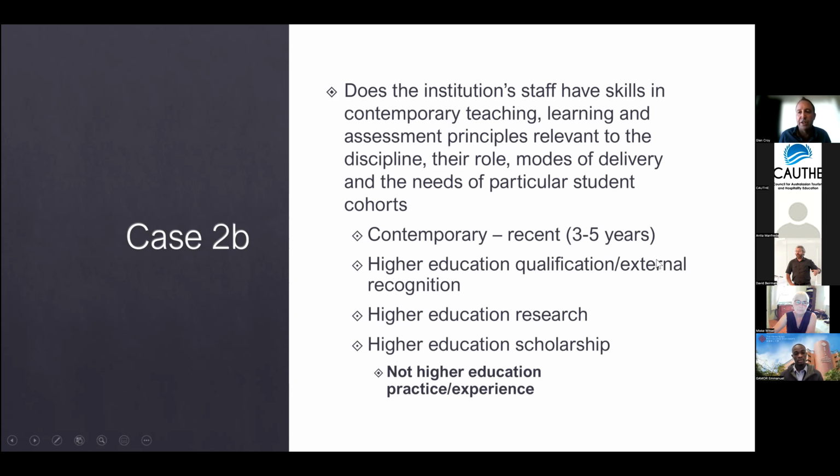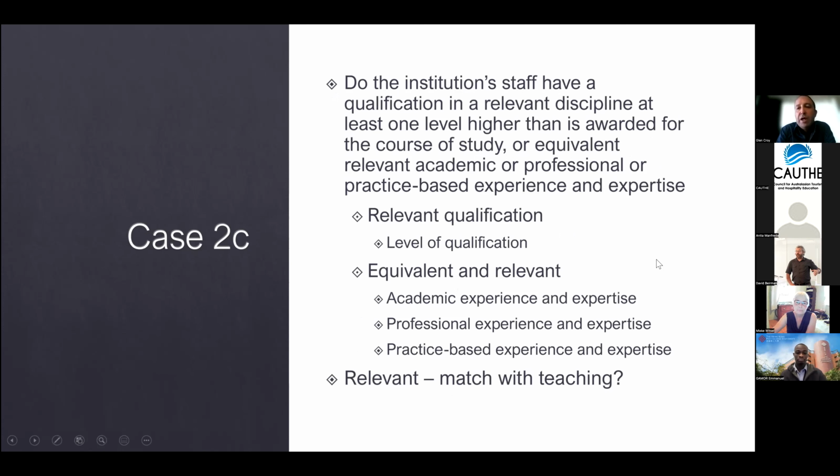So then on to the last part here, which is the qualification in a relevant discipline, at least one level higher, awarded to the course of study or equivalent. And we've already highlighted, I think Anna, 2 workshops ago, or 2 activities ago, noted that this was going to be an issue.